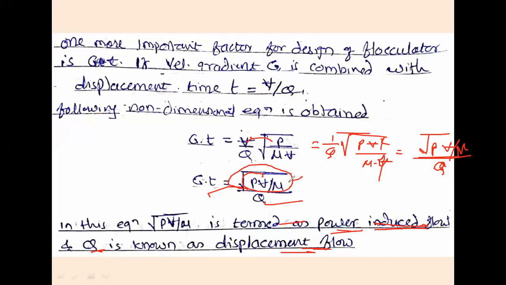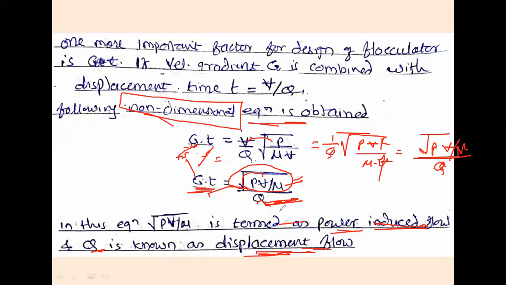So it also has the unit of flow only. This is again unit of flow, so the same unit will get cancelled. And what about this? This is per second, this is second. It will get cancelled. So this value is dimensionless. So this is the non-dimensional equation: Gt is equal to square root of PV divided by mu, divided by Q. So Q is known as displacement flow.